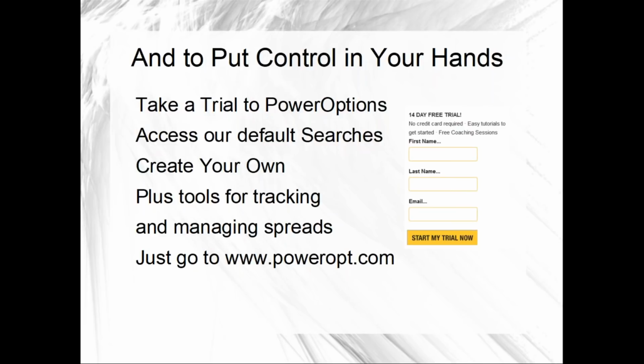I showed you the criteria we use for our default weeklies for bull puts and bear calls. And you can take a 14-day trial to Power Options with no credit card required. Just go to powerop.com, put in your name and email address. You can look at our defaults, or you can create your own. You can choose just to look at standard ETFs and indexes to identify bull puts, bear calls, or even Iron Condors with the return, probability, minimum net credit, strike difference, all available at your fingertips.